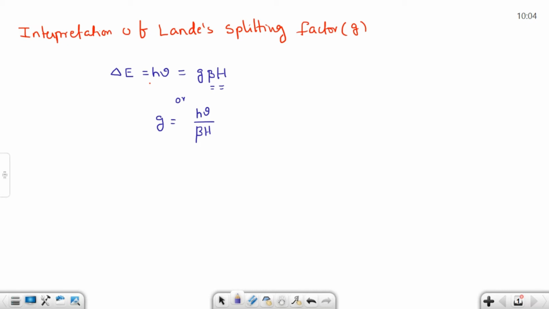So here g is called the spectroscopic constant or Landé splitting factor.